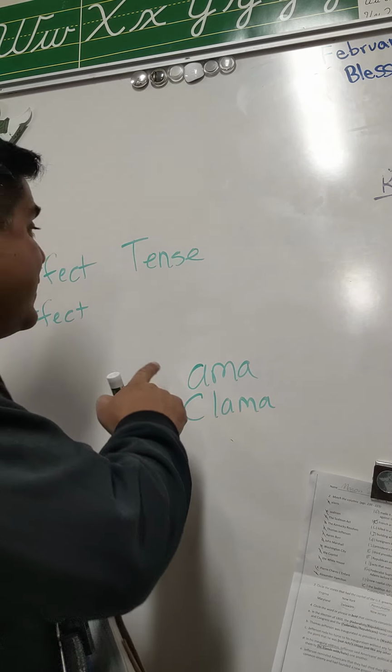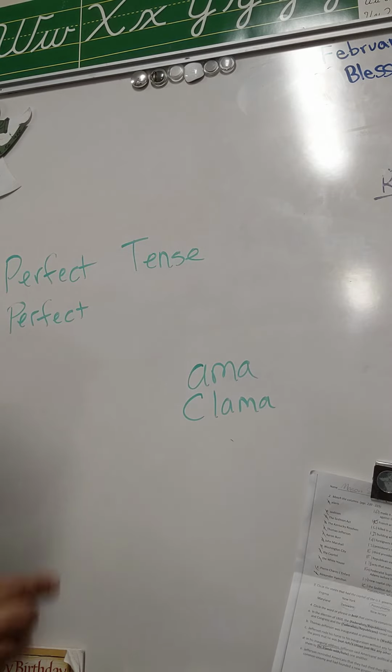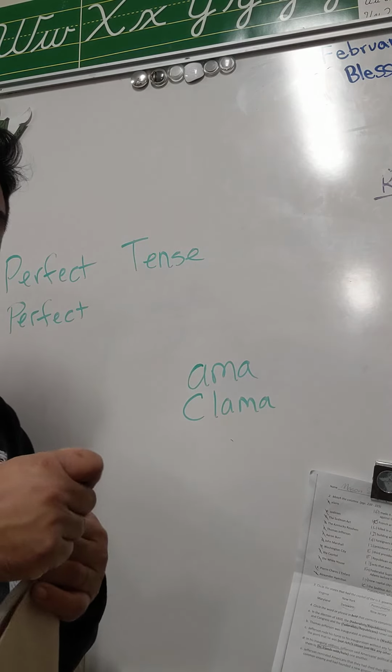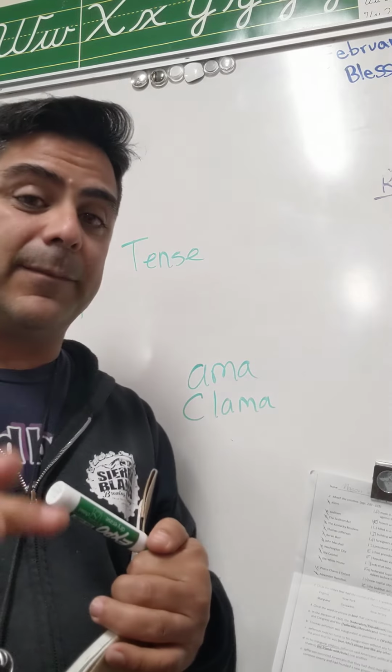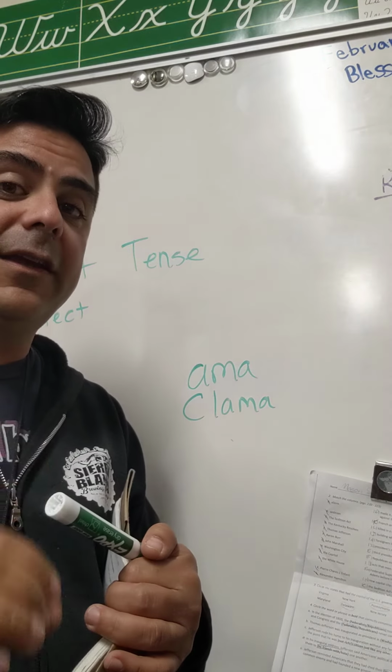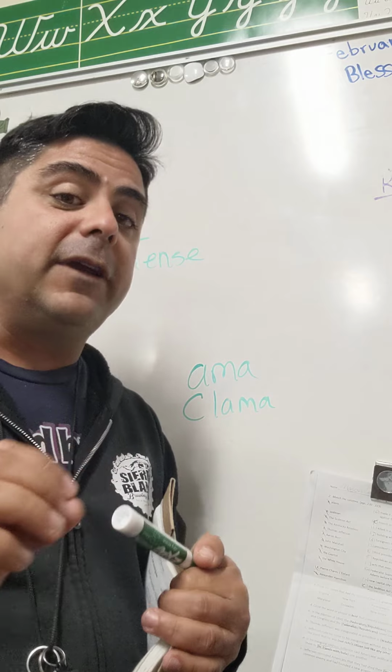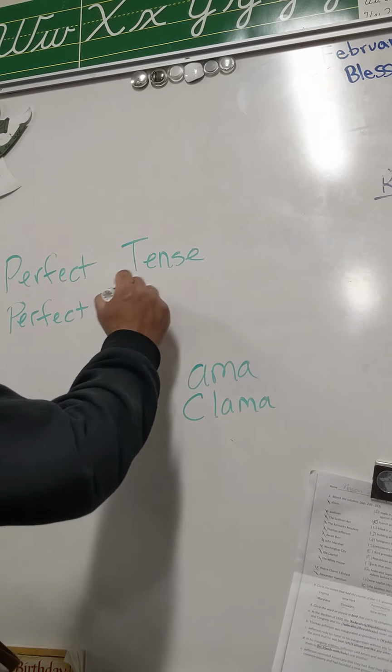Now you're moving into the perfect system, and there are three tenses that go into it: perfect, pluperfect, and future perfect. And in all three of those, you need the perfect stem.